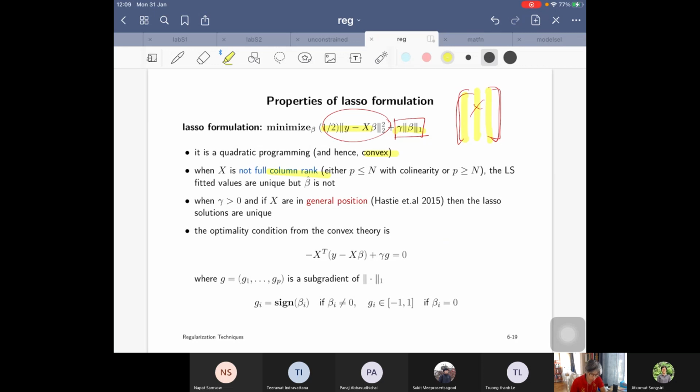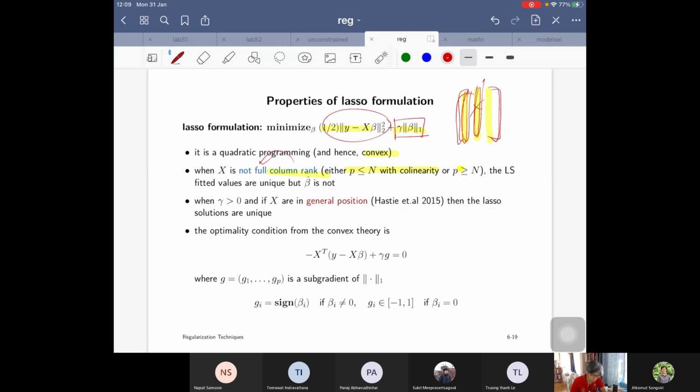When X is not full column rank, that can happen when you have collinearity. What is collinearity again, Sukit? It means some of the predictors are correlated. Yes, some pair of predictors are correlated, and that makes some columns in the regression matrix dependent, which further means X is not full column rank.